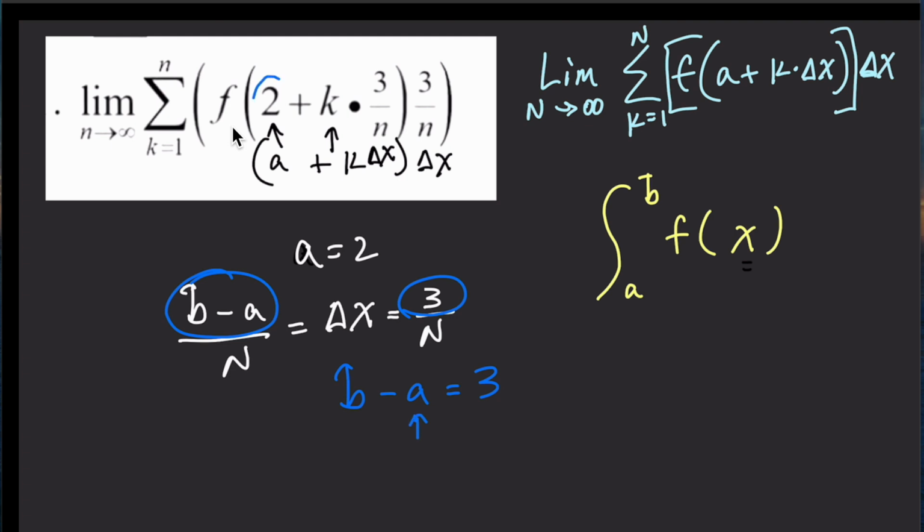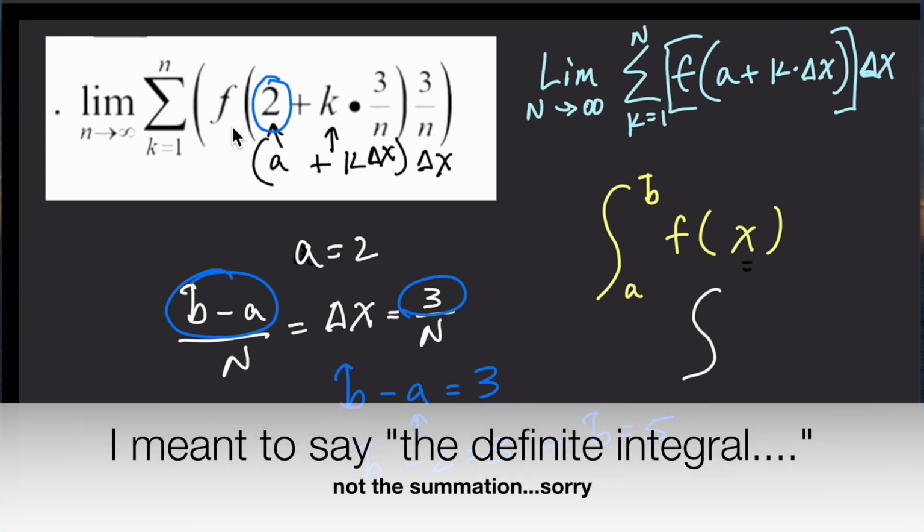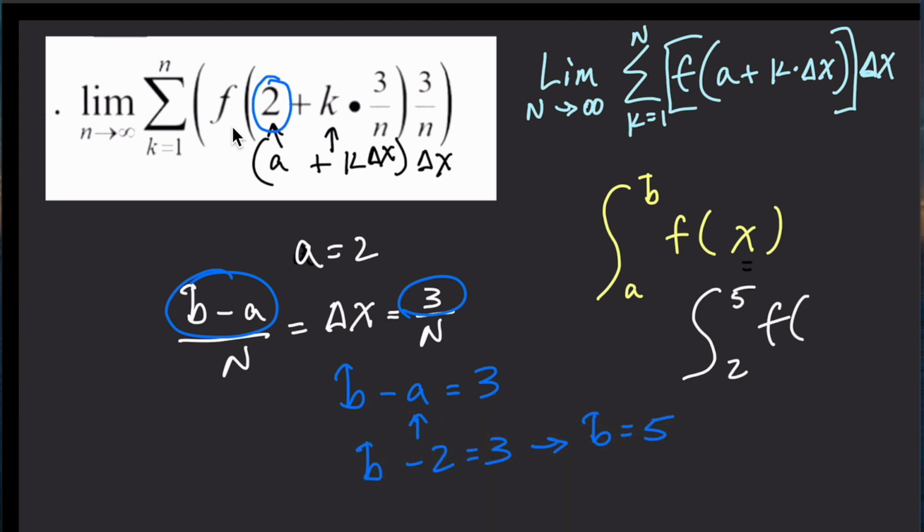That's because they give it to us in the Riemann summation. So we have b minus 2 equals 3. Therefore, b equals 5. So our final answer is the integral from 2 to 5 of f of x dx.